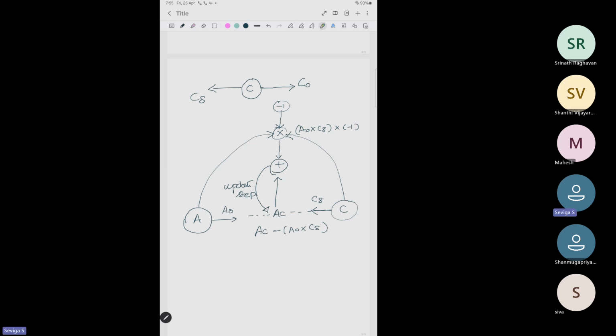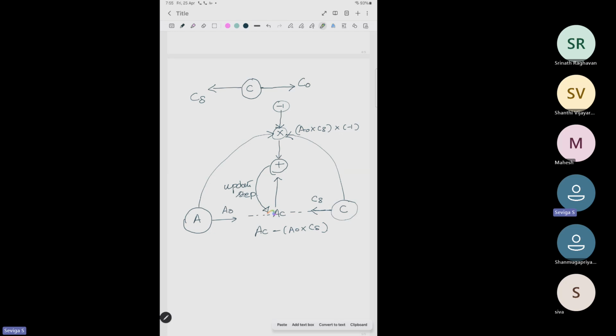If you look here, we have two neurons. We are looking only at the connection between these two neurons, A and C. The arrow coming towards the left is C delta. The arrow pointing towards the right is the outcome coming from neuron A. So what we are doing, we wanted to decrease the error by 1.